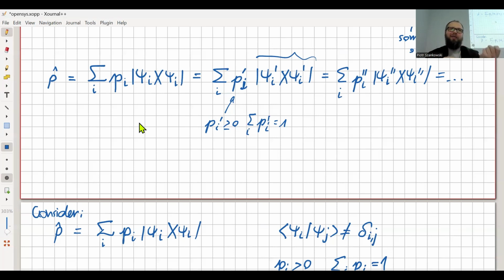But if you would like to infer from that something about the state of the system, how it was, let's say, initialized, this is where things become more dicey.